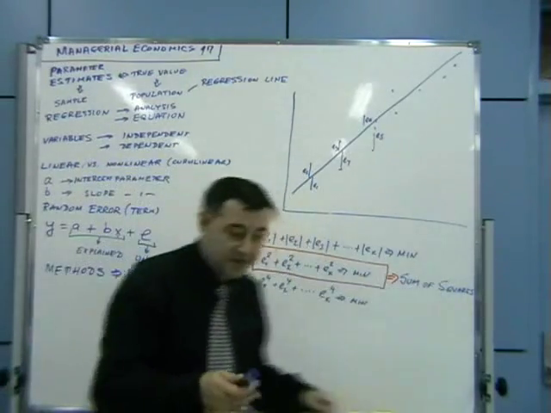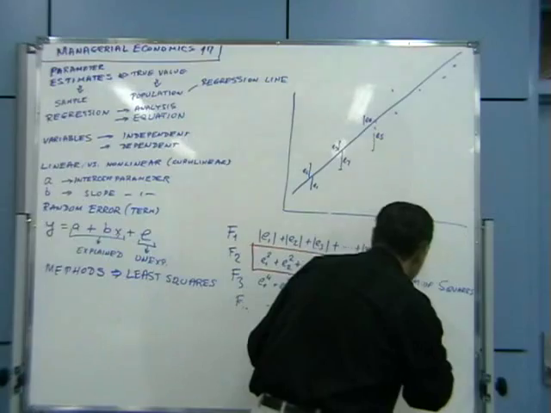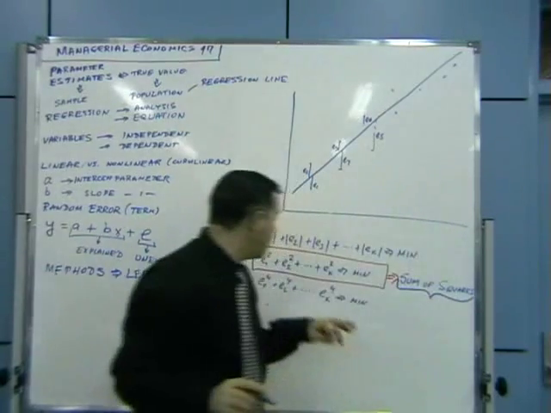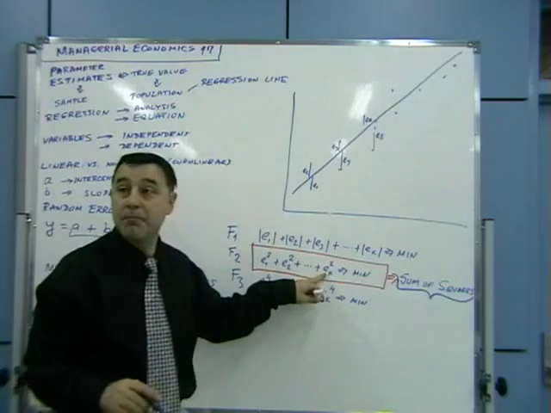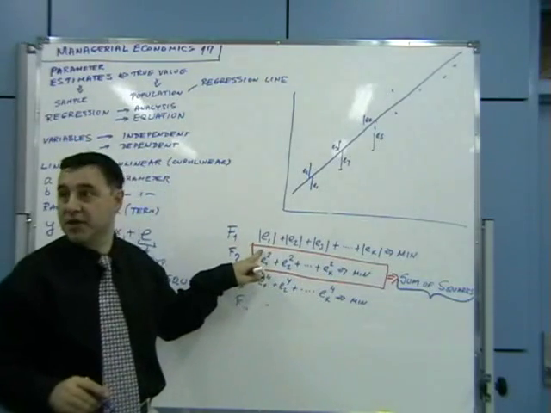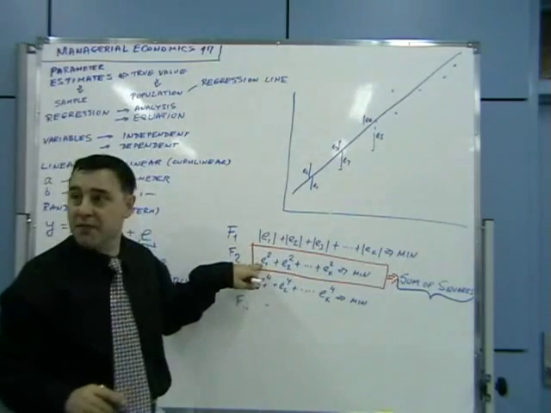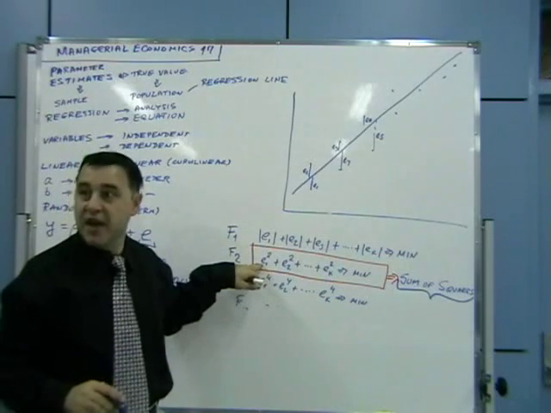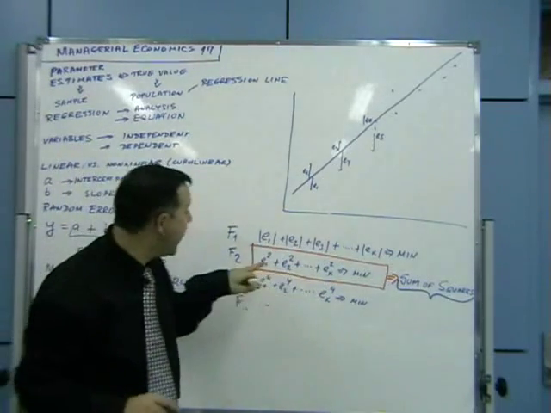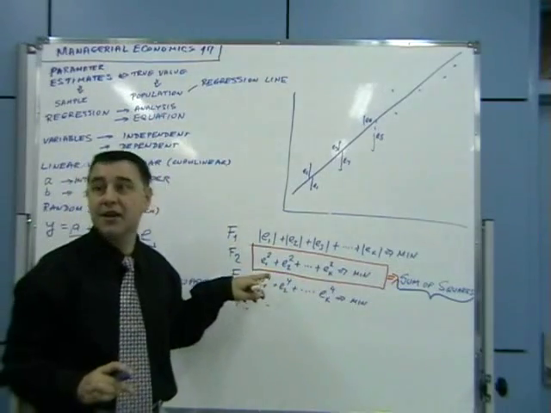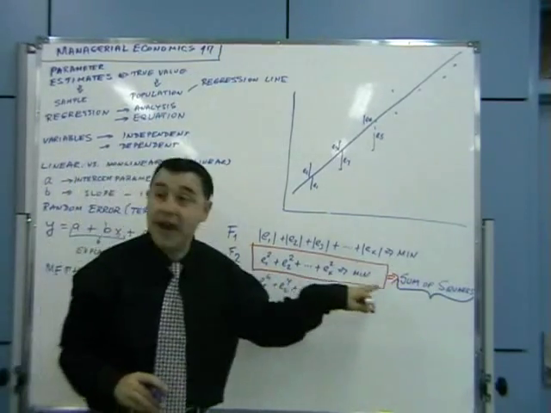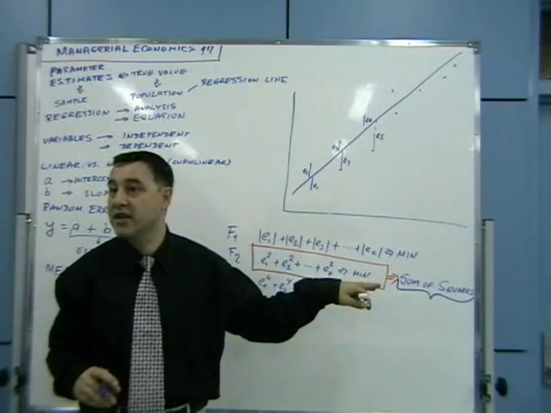So this is the sum of squares, and you want to take, of course, given the e's, because each of these squares is a positive number, the minimum possible is 0. And if the minimum possible is 0, then when you sum up numbers and each of them is at least non-negative, then the sum will be at least non-negative.